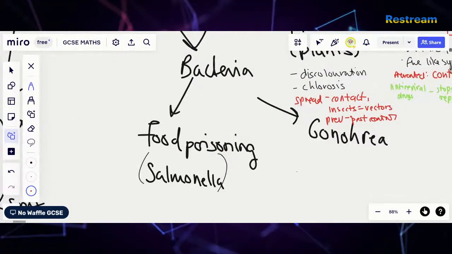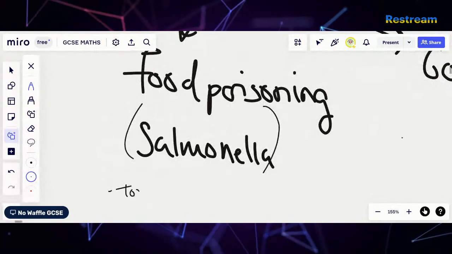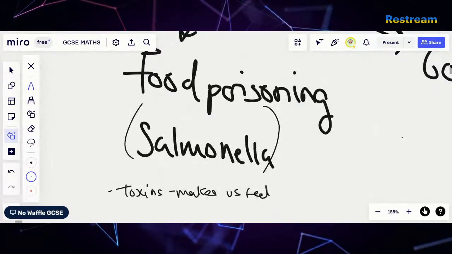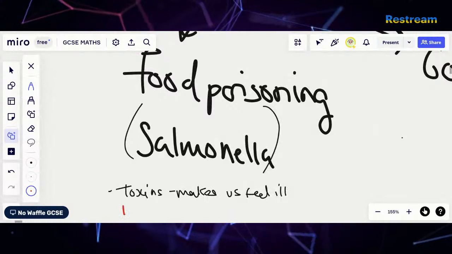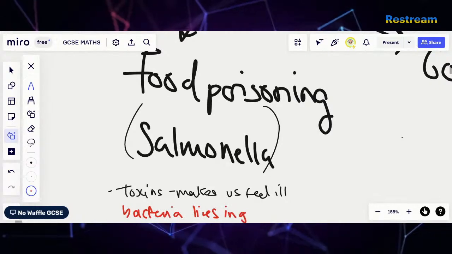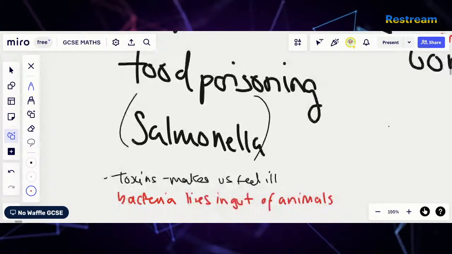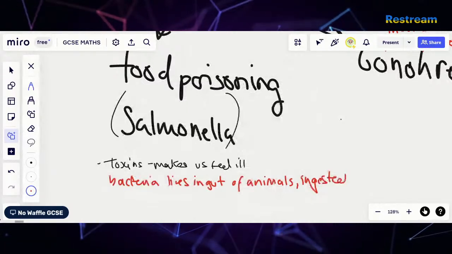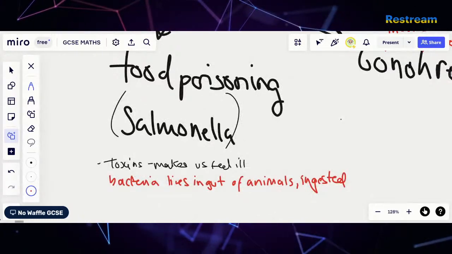So in terms of salmonella, salmonella produces toxins which damage cells and make us feel really ill. It comes from bacteria that live in the gut of different animals, and then we ingest that, humans, by raw meat, raw eggs and stuff like that, and unhygienic conditions.